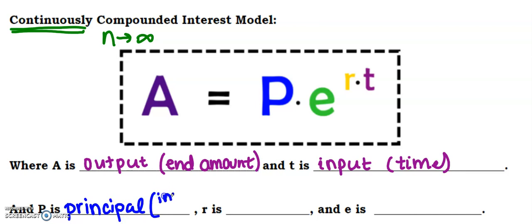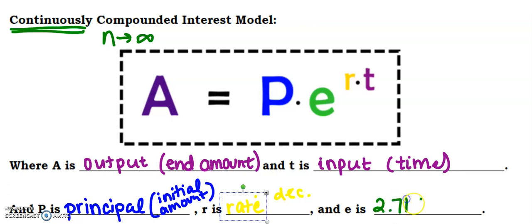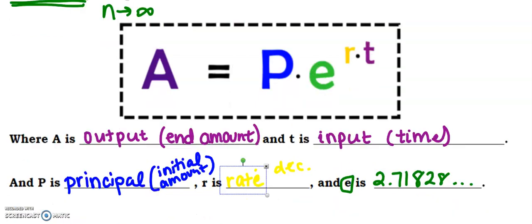So remember, this is our initial amount when t is 0. r is just what we know it to be, our rate. And again, we're going to want it as a decimal. And then e is 2.71828... but really e is just the button on our calculator. We'll use that as our base.